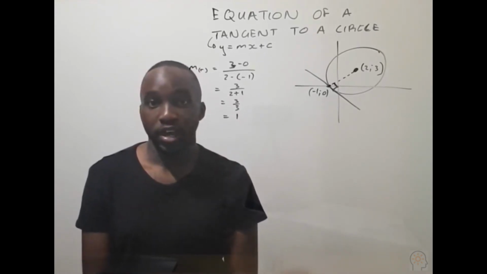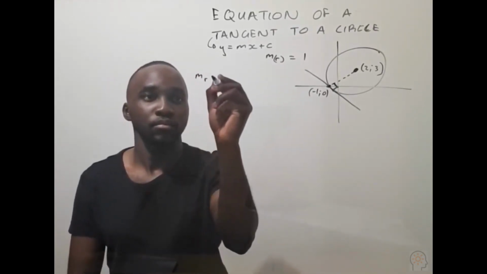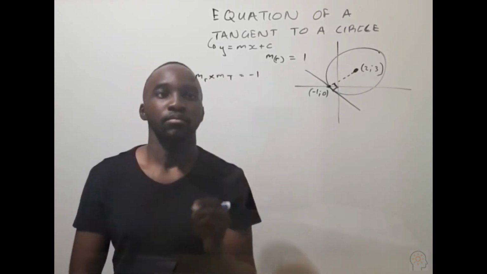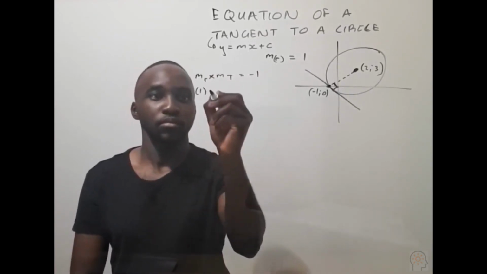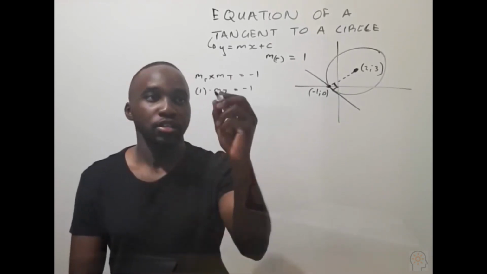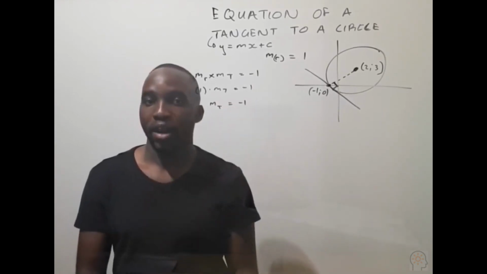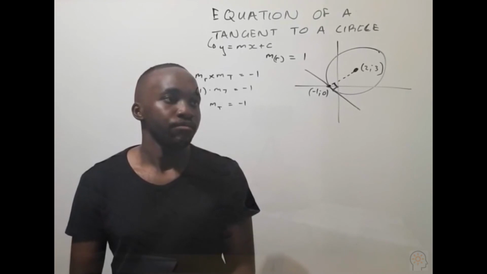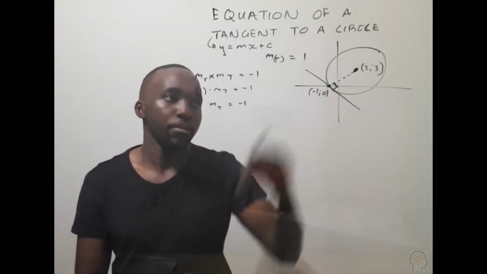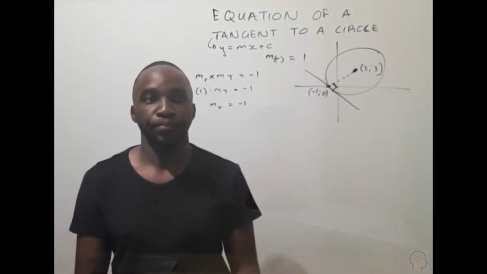The gradient of our tangent is clearly going to be -1, right? And that makes sense because this is going down, this is going up. That's negative, that's +1, so this is going to be -1.